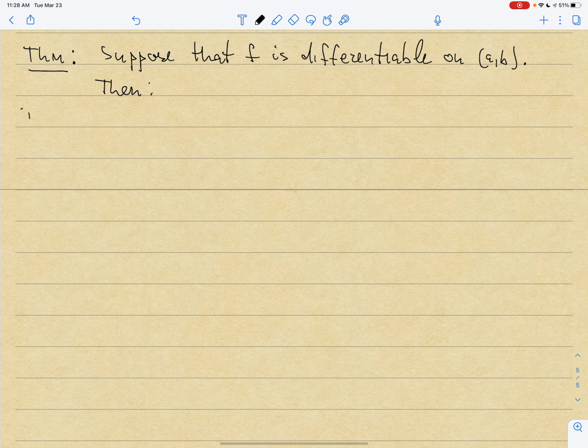Number 1, if f prime of x is greater or equal than 0 on AB, then f is increasing on AB.